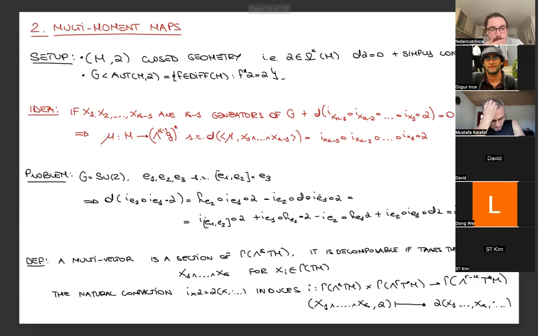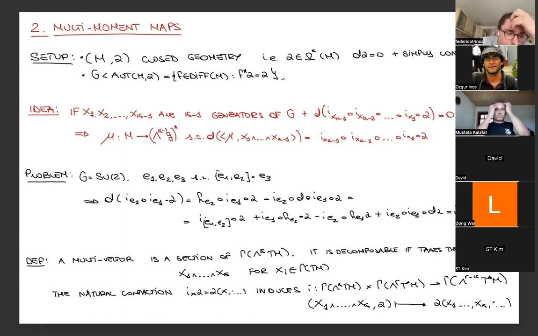Okay, now we want to find a better definition. We need to find a condition on my Lie algebra such that I can exploit the circle of ideas here.